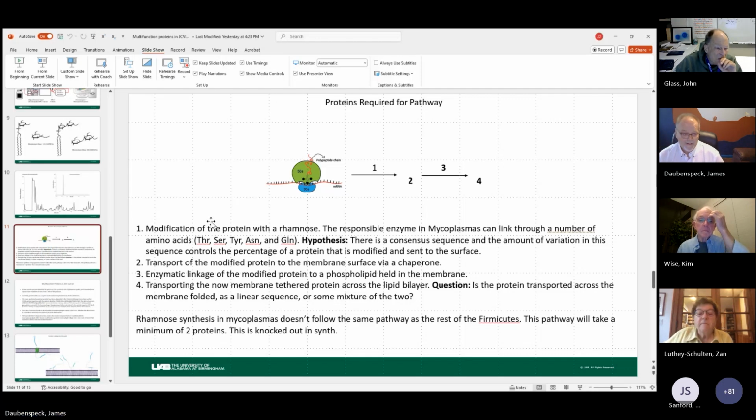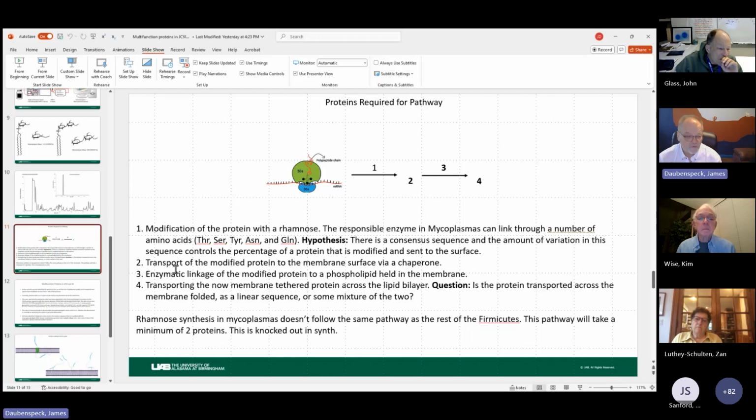Right? There's a pattern that I've seen in our data, but it's really complicated. There's a consensus sequence, we think, but the amount of variation in the sequence controls the percentage of a protein that gets modified and sent to the surface.